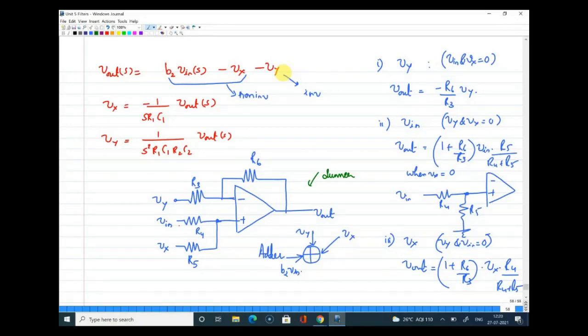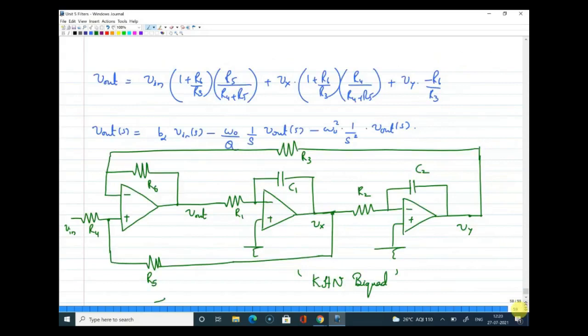Then we realized the summer, wrote the expression for the output, and saw how Vx, Vy and Vin are scaled at the summer. After understanding the summer, we came back to the final expression, where we could see that the first integrator output, the second integrator output and the input are directly added at the summer and scaled accordingly to get the final expression and the final circuit diagram.